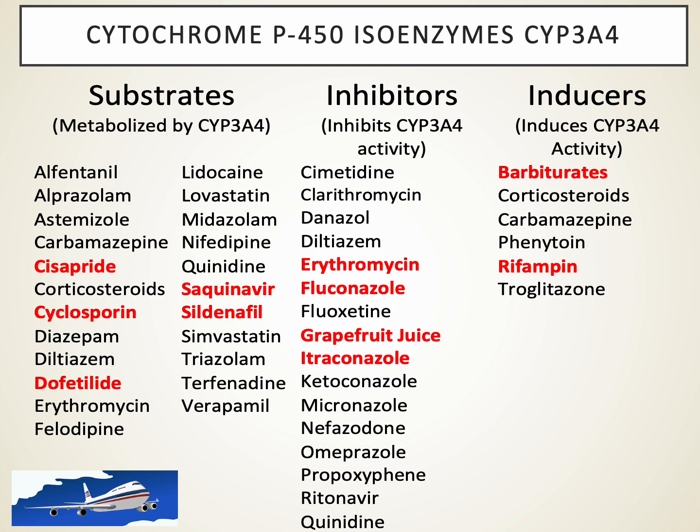And those interactions can sometimes be problematic. And so for any of these substrates and many, many more, and starting any of these inhibitors or inducers, renders this a possibility for problems.